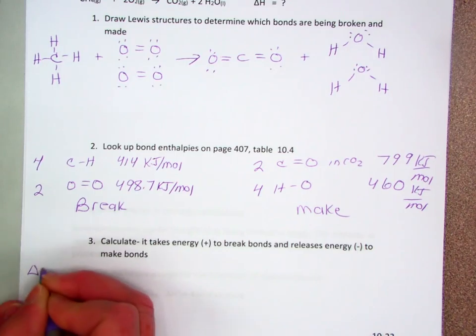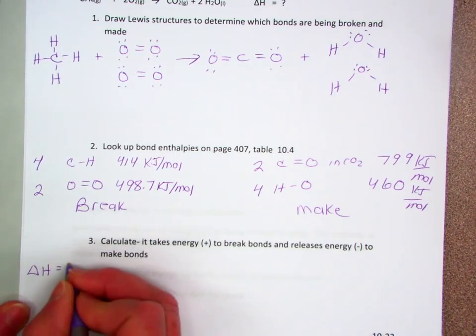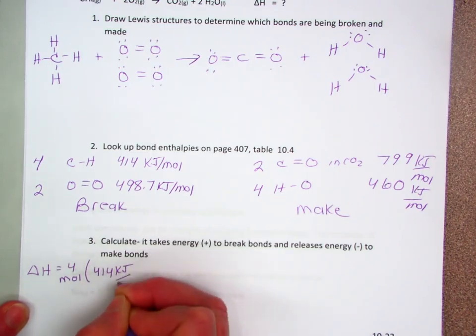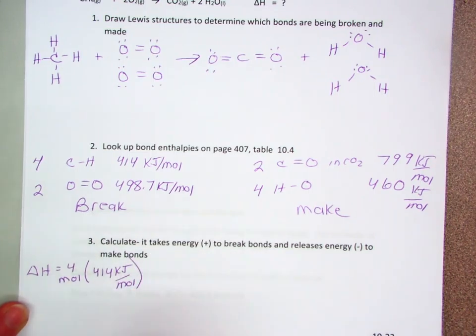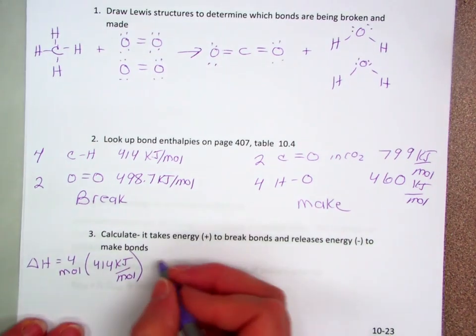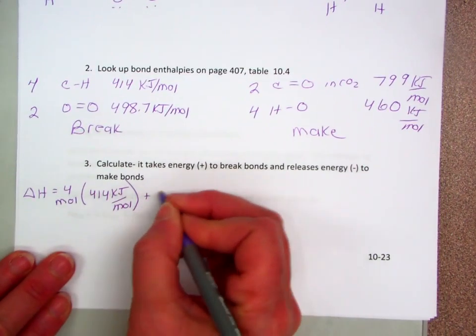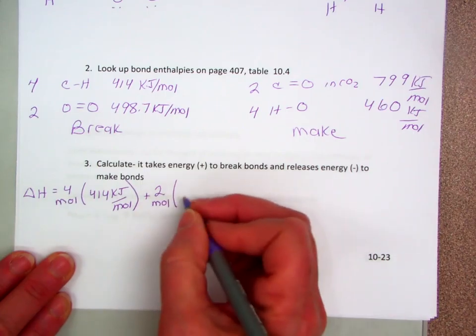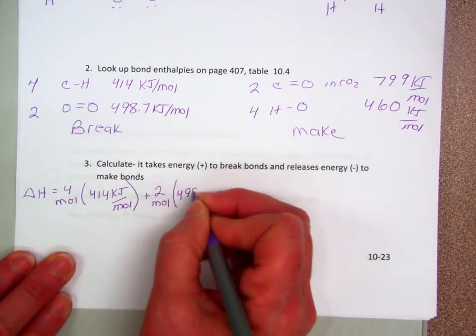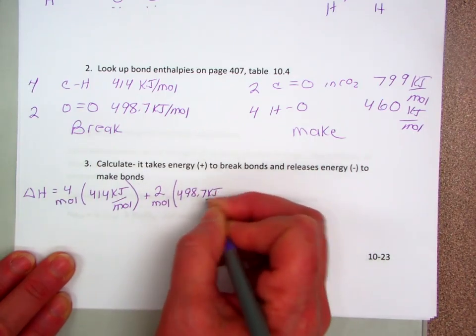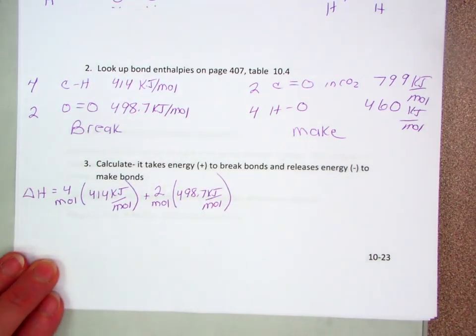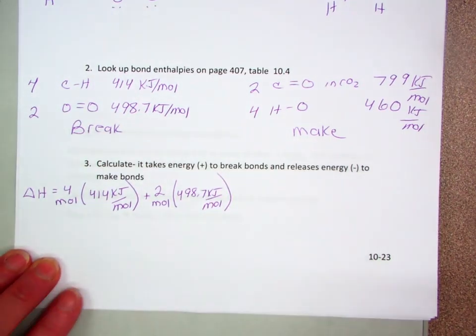So we can add all of these up and assign them appropriately with the sign. Positive signs if we break something, negative signs if we make something. So the enthalpy change would be 4 moles of carbon-hydrogen bonds times 414 kilojoules per mole. Because I am breaking these, that goes in positive, plus 2 moles of breaking oxygen-oxygen doubles, 498.7 kilojoules per mole. That's positive energies because I'm breaking bonds.